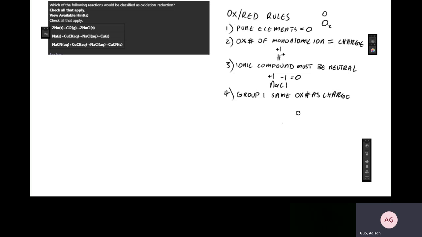So this means like sodium, potassium, rubidium. These are going to be +1, +1, and +1. And then we have group 1 and 2, actually. Both group 1 and 2. So here we have calcium, strontium, and barium. So these are all 2+.